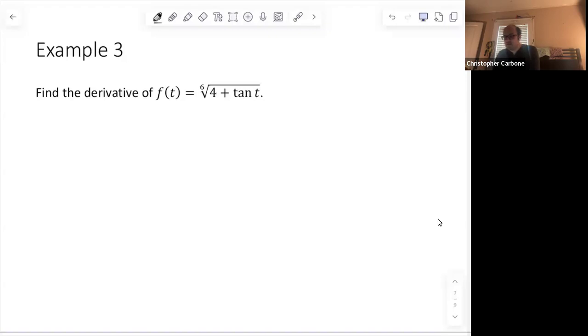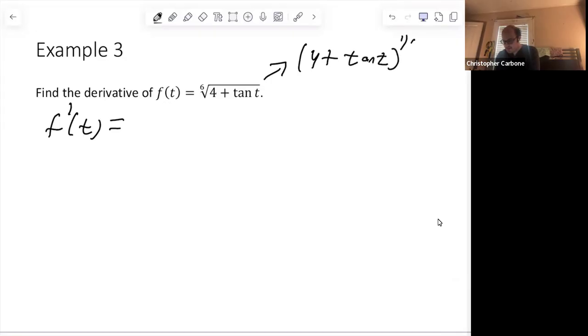This third one, I have find the derivative of f of t is equal to the 6th root of 4 plus the tangent of t. So f prime of t. Just to point out before I do this out, this is the same thing as 4 plus the tangent of t to the 1/6 power.